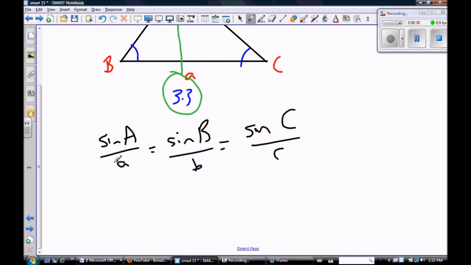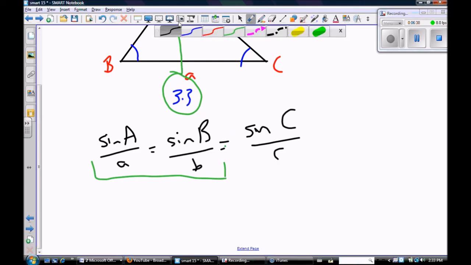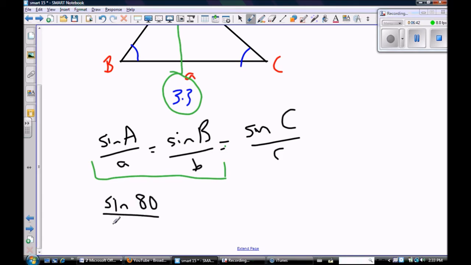And so we'll take this portion first, and let's solve. So sine A, so that would be sine 80 over 3.3 is sine B over side B, which is 2.8. So now this is a calculator question.